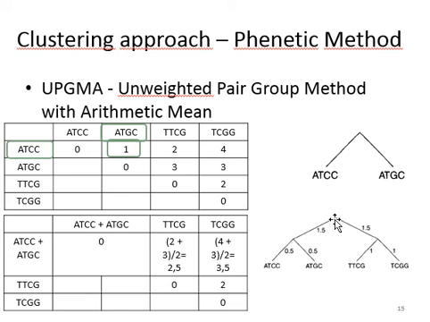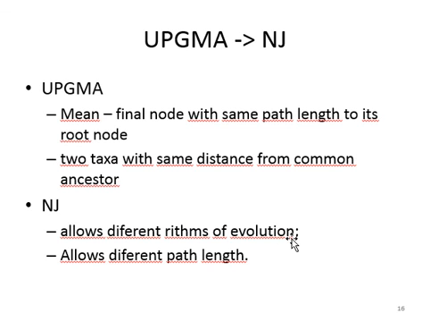This was the first type of approach to clustering sequences and constructing a phylogenetic or relation tree. But as we can see, the distance between each sequence or taxon and their common ancestor is always equal. So several other methods evolved in order to have different distances between the common ancestor and the taxa that originate from it.